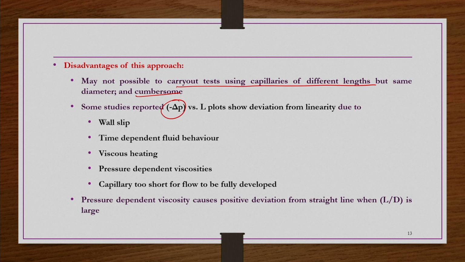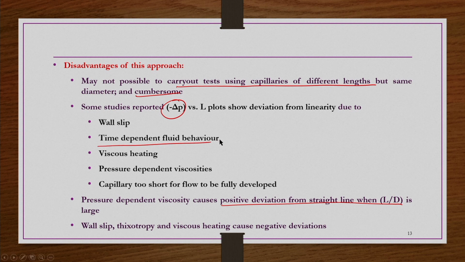This pressure dependent viscosity causes positive deviation from straight line behavior even when L by D is large, whereas the wall slip, thixotropy in the sense of time dependent fluid behavior, and viscous heating, these three may be leading to negative deviation from the straight line behavior.